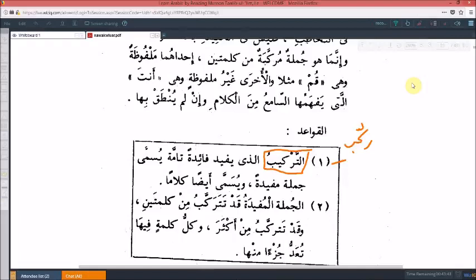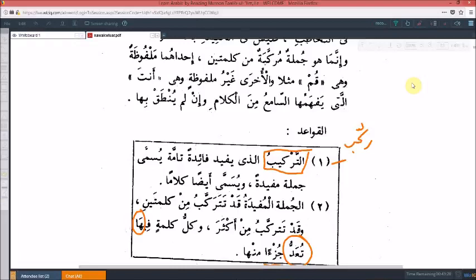And every word in the useful sentence is counted as a part of it, a juz, like we memorize a juz of the Quran.